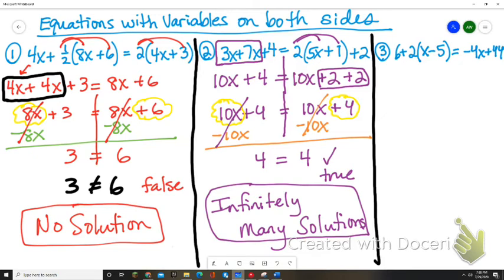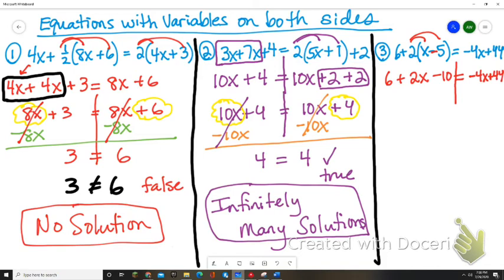Okay, last but not least, let's go on to number 3. And I cannot combine any like terms on either side of the equal sign to start, so I'm going to distribute. So 6 plus 2 times x is 2x, and 2 times -5 is -10. So again, make sure you guys are paying attention to the sign in front of the number. That equals -4x plus 44.